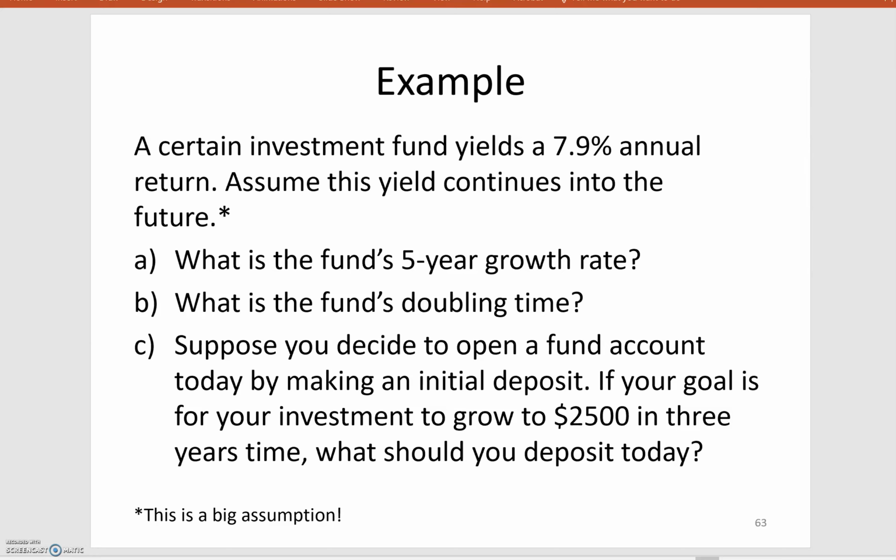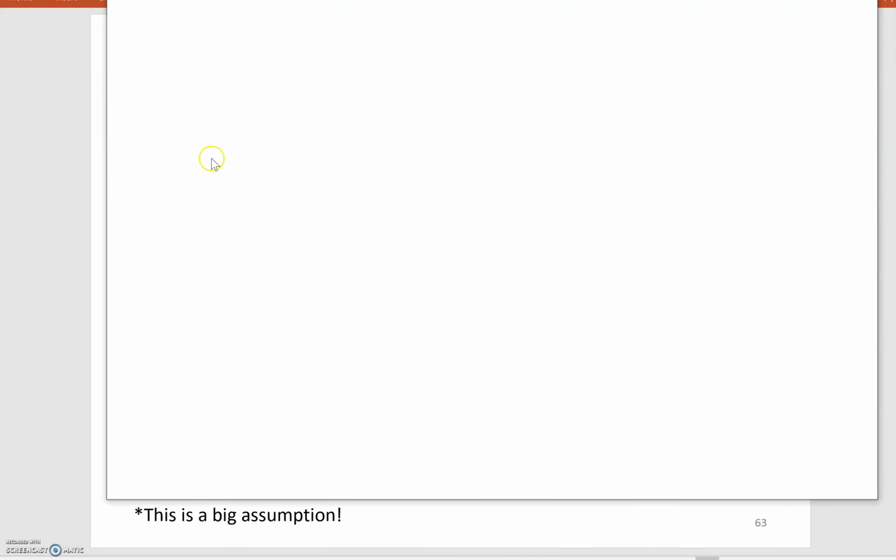All right, so this is our annual growth rate. That's 0.079 if we're going to do any computations with it. If we want to convert this to a 5-year growth rate, let me pull up the whiteboard.